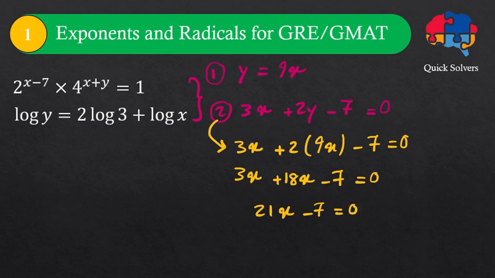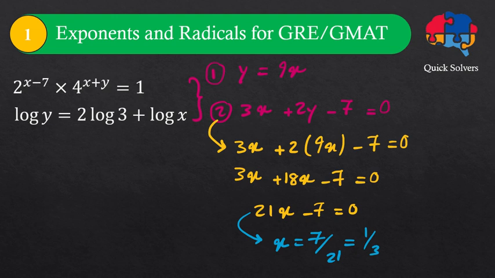If I add 7 on each side of the equality and then divide each side by 21, I can isolate x, and I can write x equals 7 over 21, which is 1 over 3.